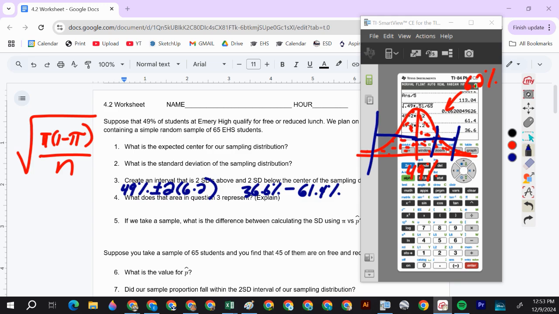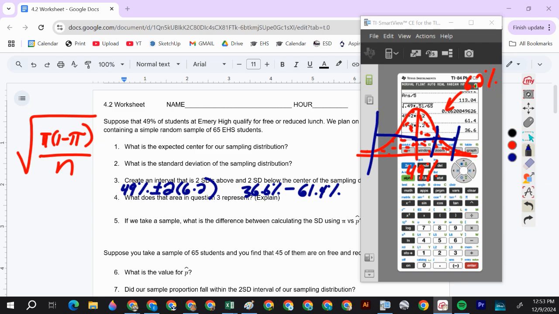So what does it describe? What does a 2 standard deviation window on the sampling percentage tell us? Okay, now you can answer. It's 95% of all samples.